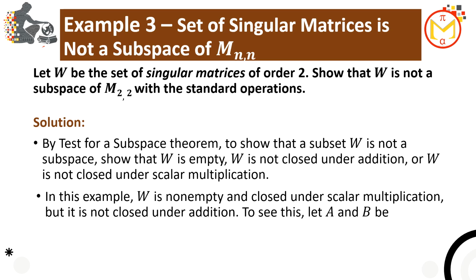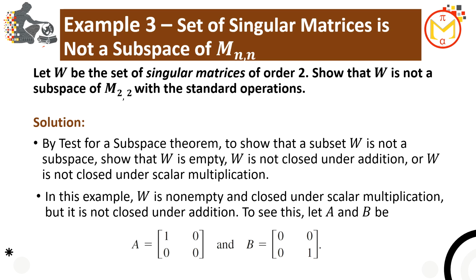To see this, let us take A and B. Is A singular? Again, we say singular, the determinant must be equal to 0.